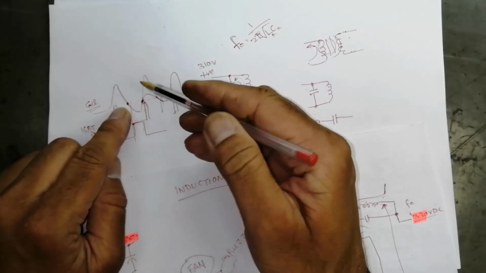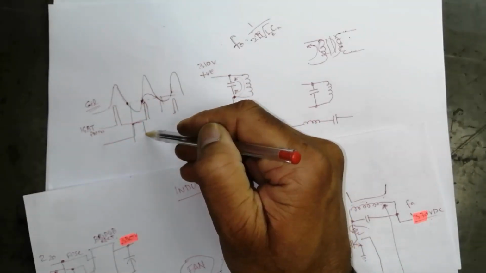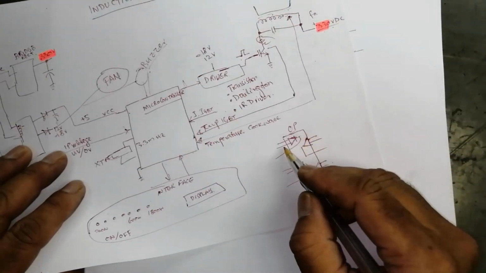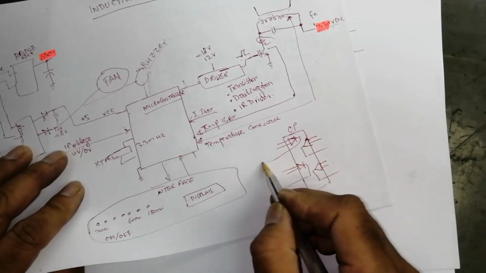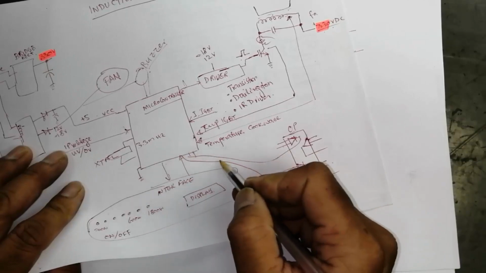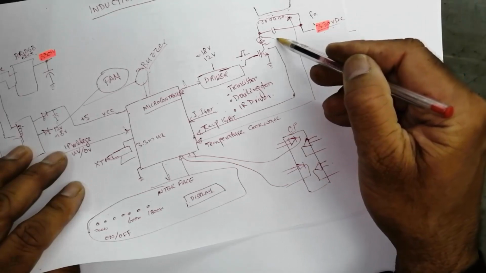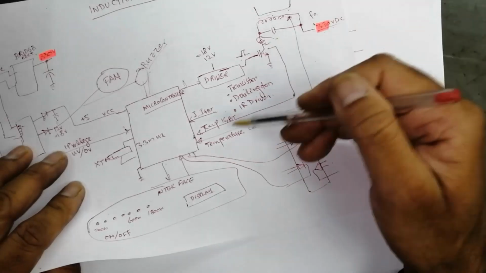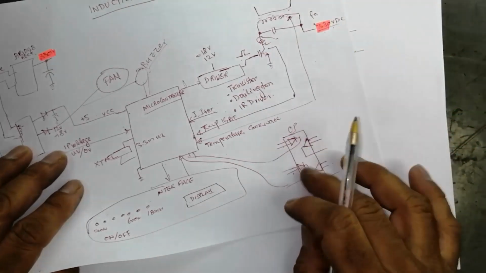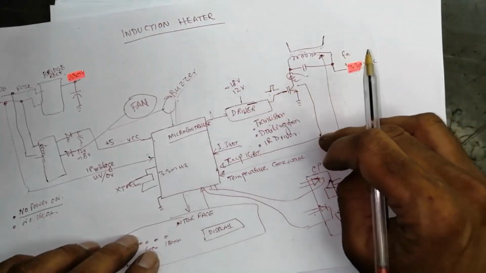When the magnetic field collapses from the coil, it will make a pulse, and the pulse detect circuit, that is from this operational amplifier, will feed the voltage. What is the voltage from the IGBT? The IGBT voltage goes to the pulse detect circuit. So this will monitor the function because it is working as a closed loop.